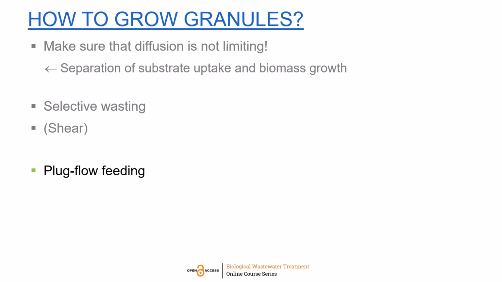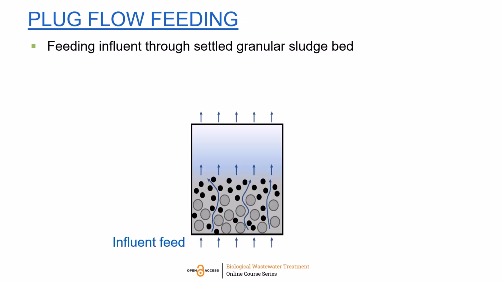Besides avoiding diffusion limitation and besides applying selective wasting, an additional selection pressure to grow granules is plug flow feeding. In aerobic granular sludge reactors, the influent is fed from the bottom of the reactor through the settled granular sludge bed.